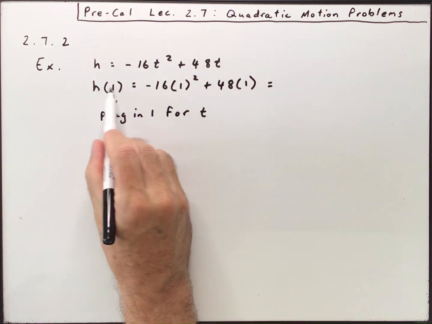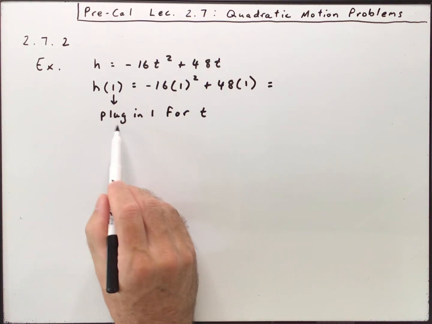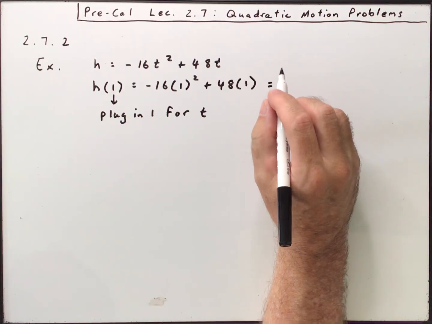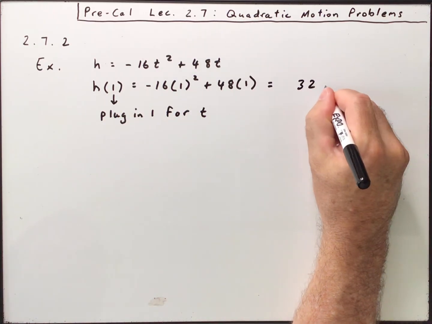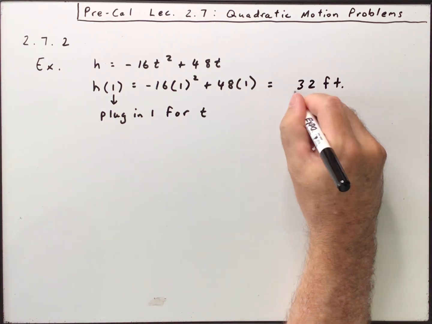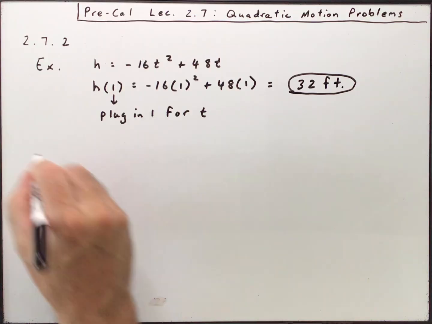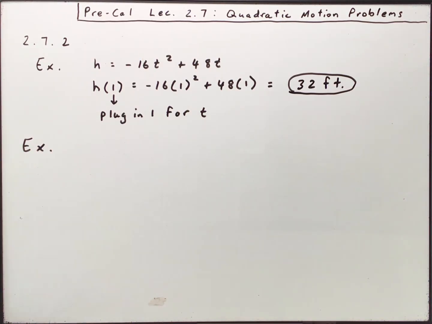Okay, this is just a nomenclature so you don't have to write that out. We can say h of 1. That's just a shortcut way of saying that. So that's 16 plus 48. So the height is in feet, so that would be 32 feet. All right, great. It's an easy one to get you used to these kind of problems.